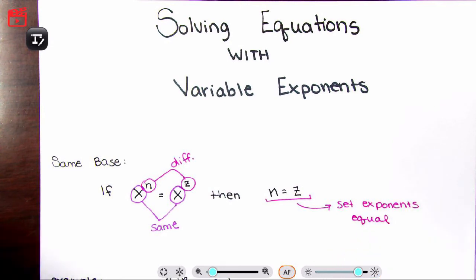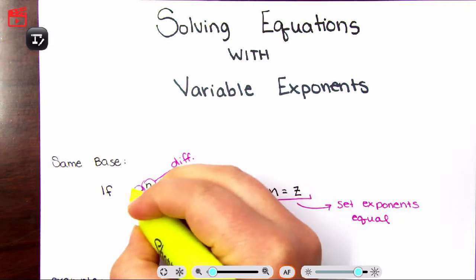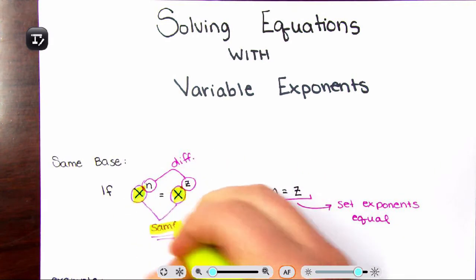And you can only do this if the bases are the same. If they are not the same, then you can't do it. I'm going to even highlight that. The bases have to be the same.